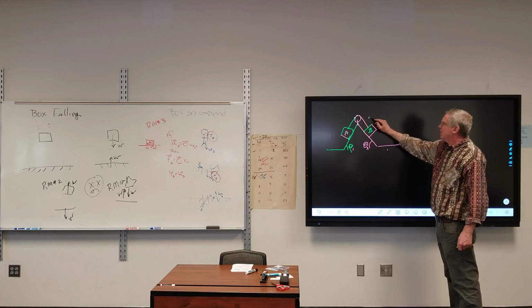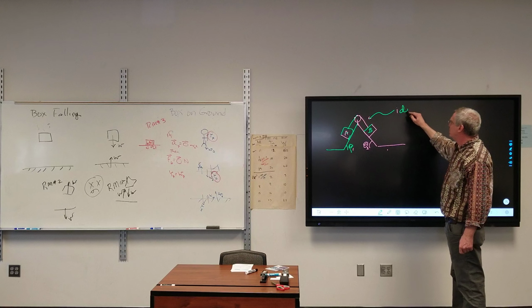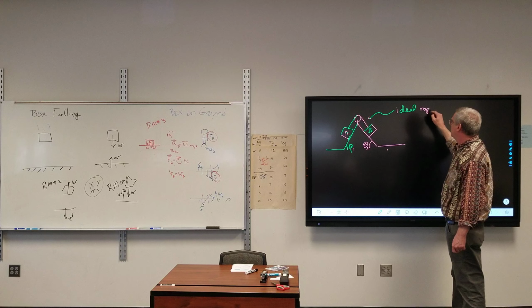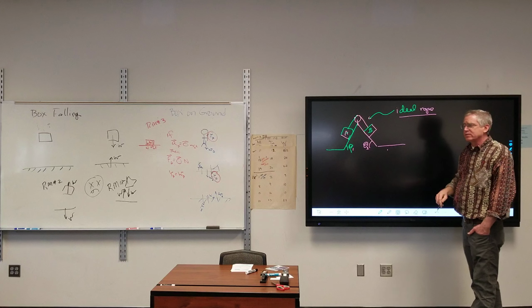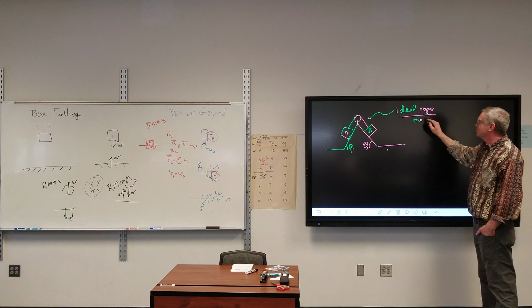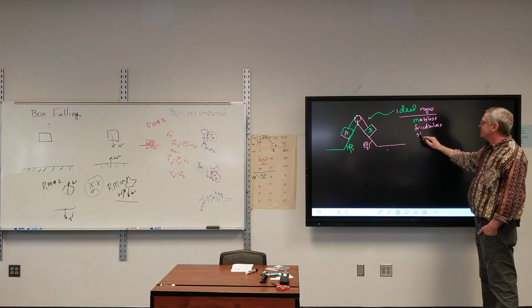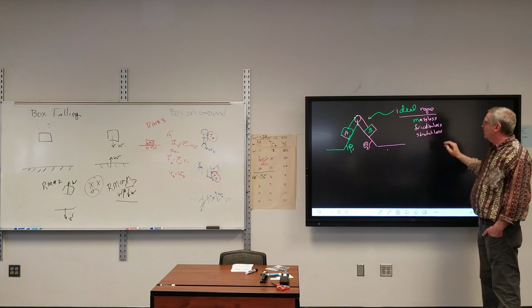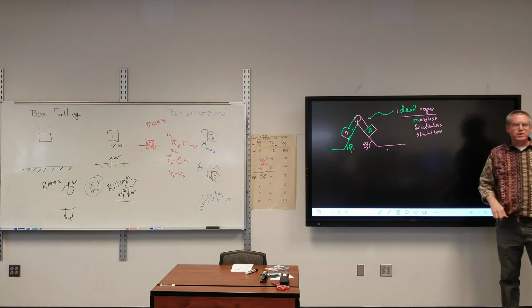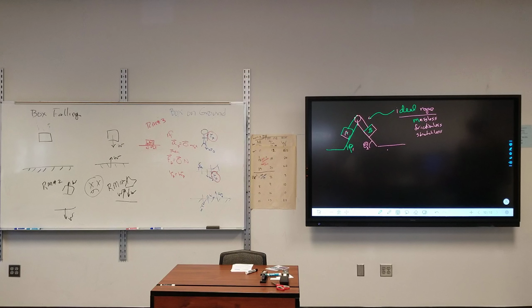One, this is an ideal rope. An ideal rope has a couple characteristics. One, it is massless. It is frictionless. It is stretchless. Massless means I don't care about the weight of the rope.